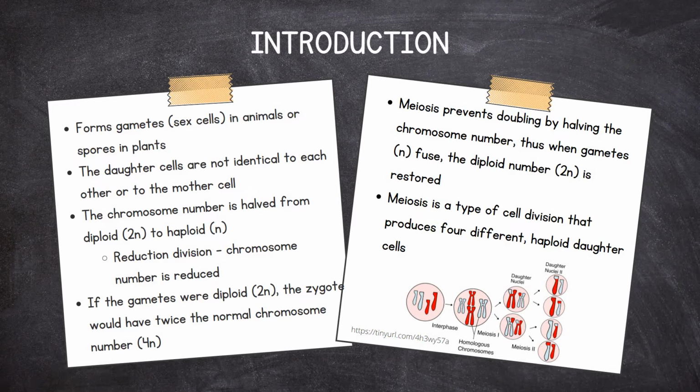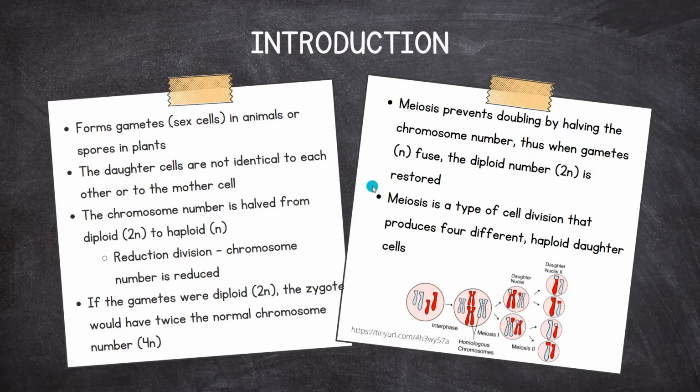You would have a mom and dad with 2n and 2n, children with 4n, they would have children with 8n, they would have children with 16n. So meiosis prevents doubling by halving the chromosome number. Thus, when gametes n fuse, the diploid number 2n is restored.